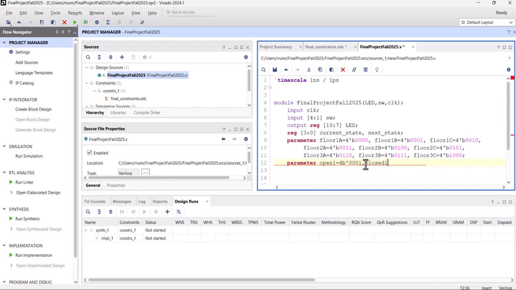Closed 1 equals 4'b1001. So these are the signals for the LEDs, just so that I don't have to actually specify them by number each time.